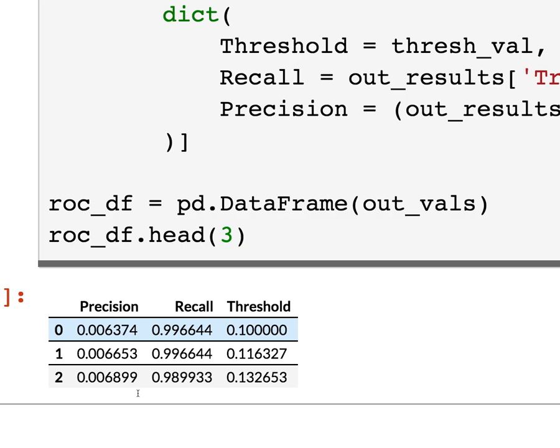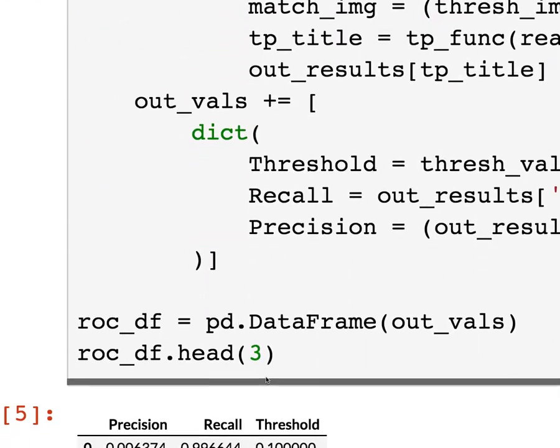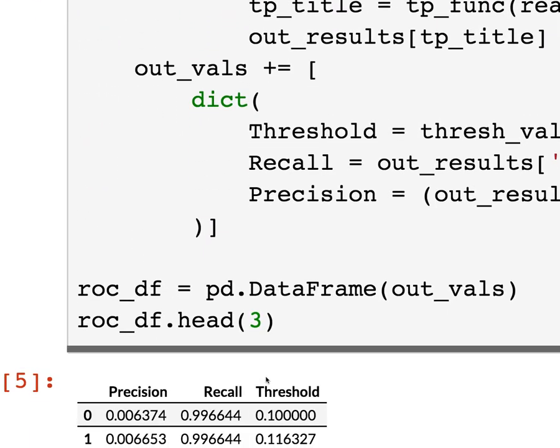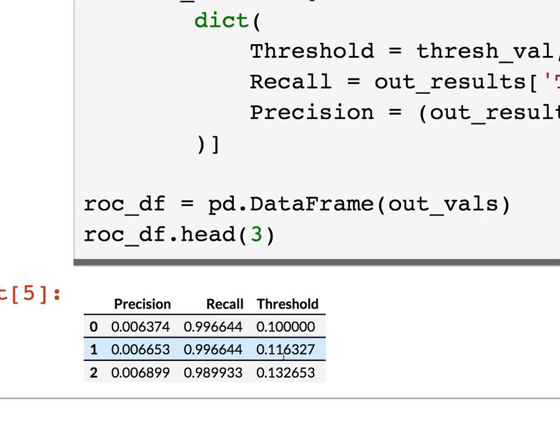So if your threshold's really tiny, like 0.1, your recall is very, very high because you're including everything in the image, which means you're going to find almost all of the true cases because you're basically saying everything's true. Versus if you make this threshold really, really high, you'll then begin to say everything is false, and so your precision will start to go up. But obviously, either of those extremes is not a particularly great place to be.